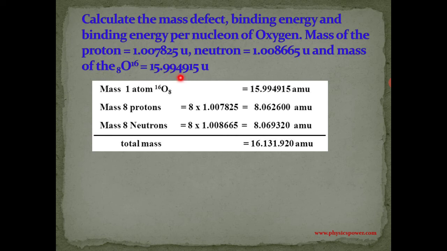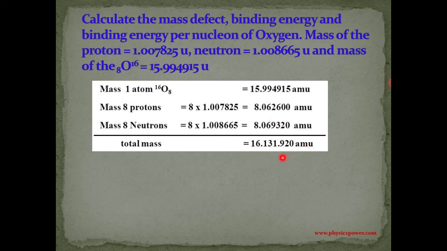The actual mass is given, so for total mass of the nucleons we take number of protons into proton mass, that is 8.062600 AMU, and total neutrons also 8, according to 16 minus 8, that is 8 neutrons. So 8 into 1.008665 equals 8.069320 AMU. Here the neutron is a little bit heavier, so that is why there is a little extra, but if you add, you will get the mass of total nucleons.